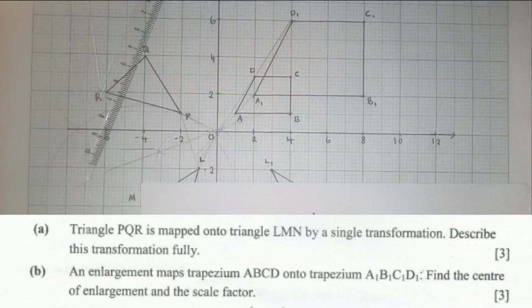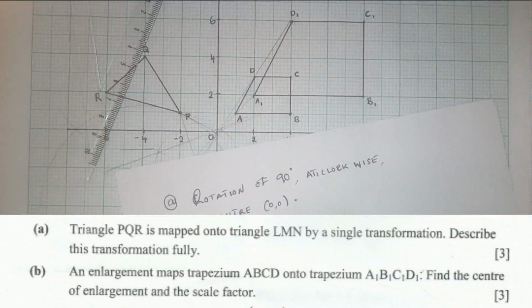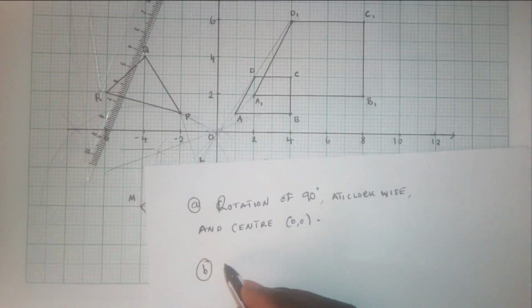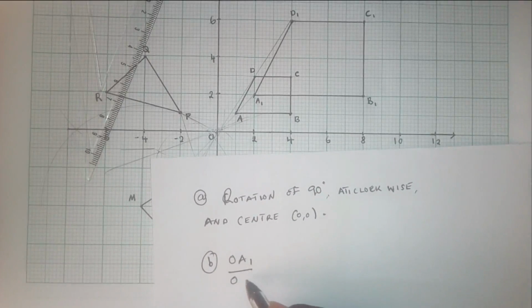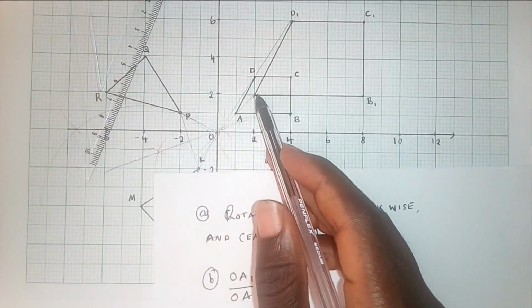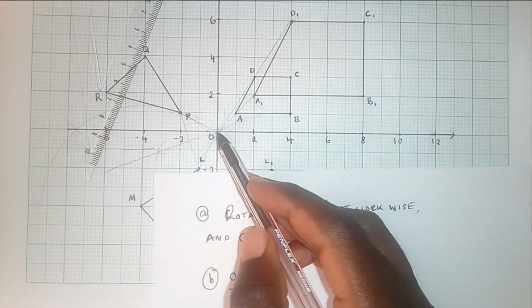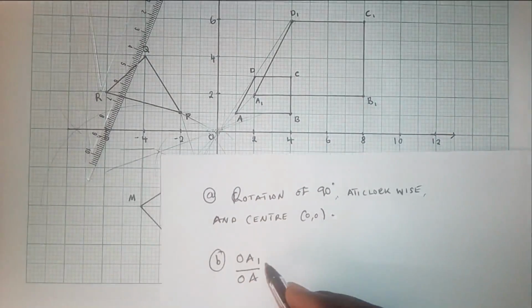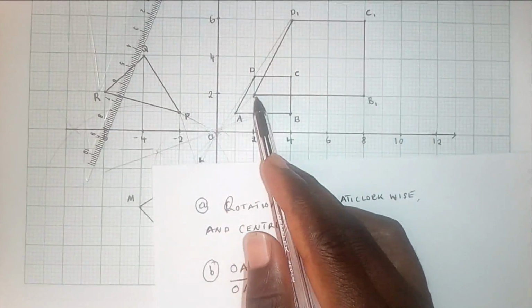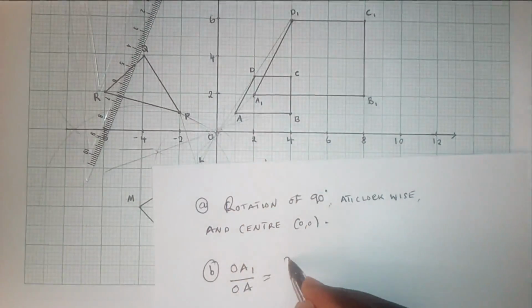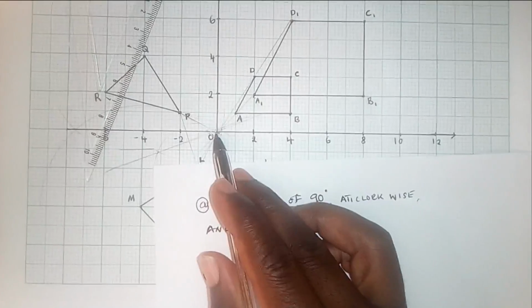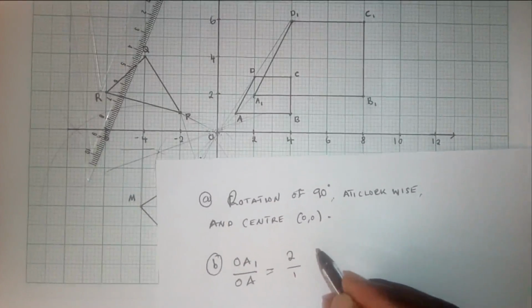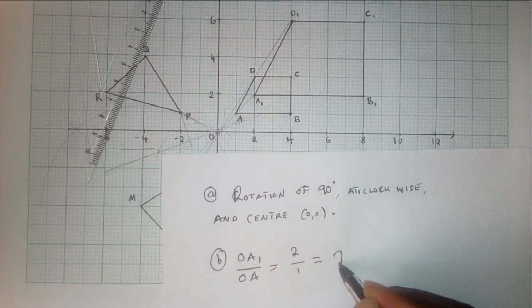To find the scale factor, you take O to A sub 1 over O to A, which is equal to 2 divided by 1, which is equal to 2.